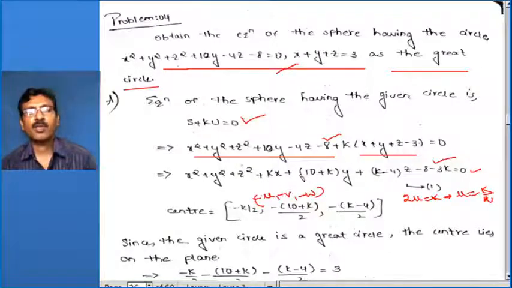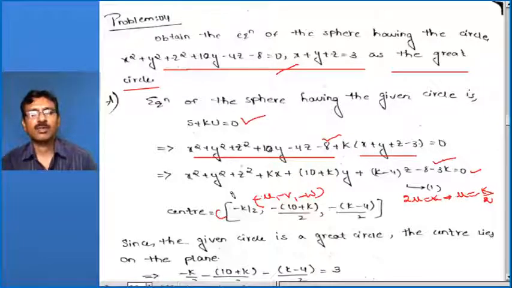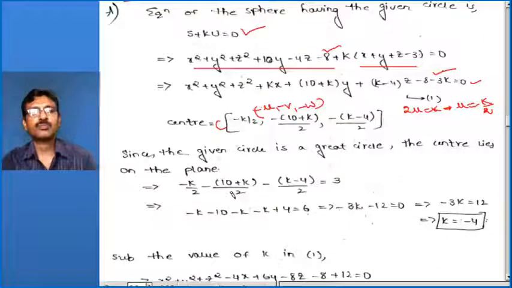Similarly 2v equal to 10 plus k and v equal to (10 plus k) by 2, so minus v is minus of (10 plus k) by 2. 2w equal to k minus 4 and w equal to (k minus 4) by 2, so minus w is minus of (k minus 4) by 2. This is the center of our required sphere.